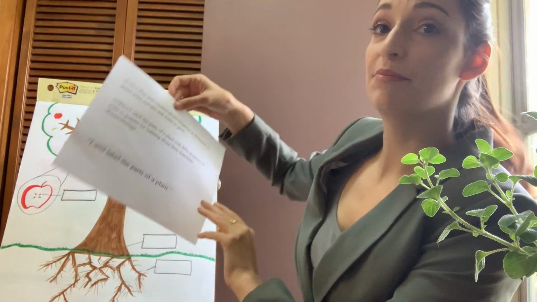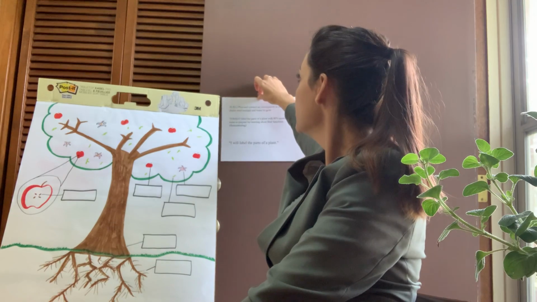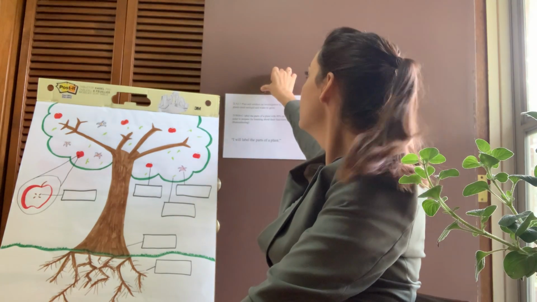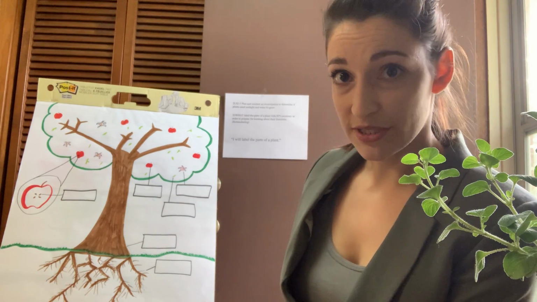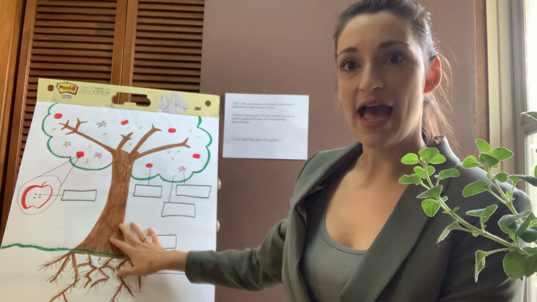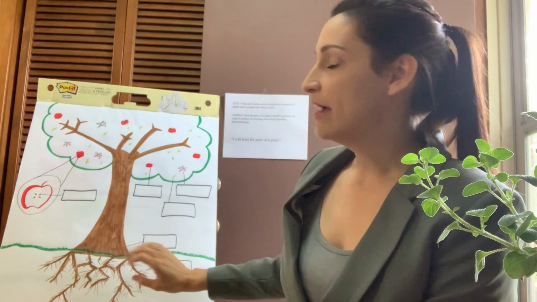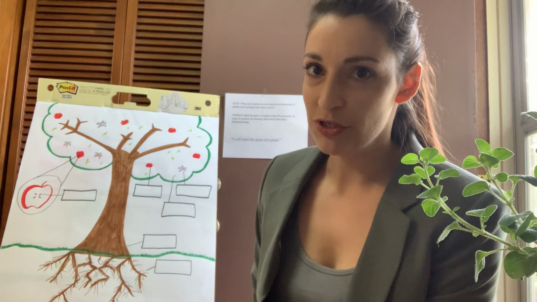Now I'm going to put this up here. I know it's kind of hard to see on our video, but I'm going to put this right here for us. Now we've been reading about Johnny Appleseed in ELA. So first we're going to look at this apple tree. Now I have to tell you, I have both blossoms and apples on the same tree.